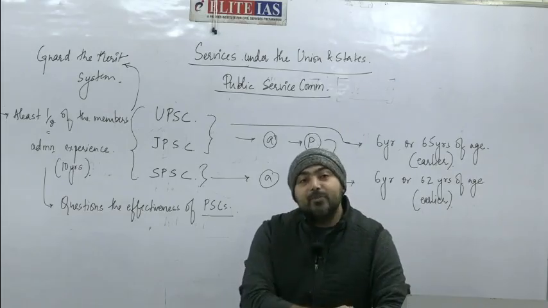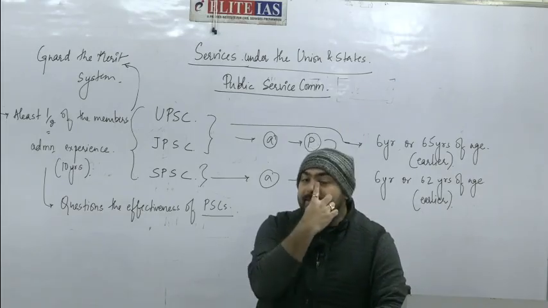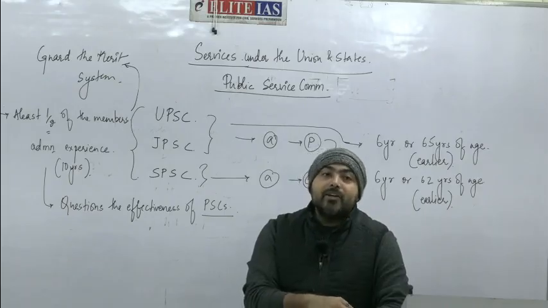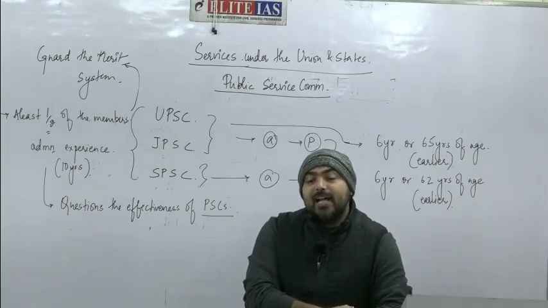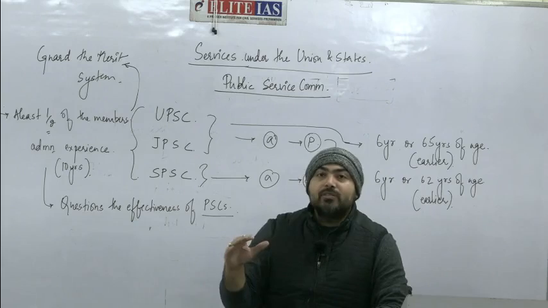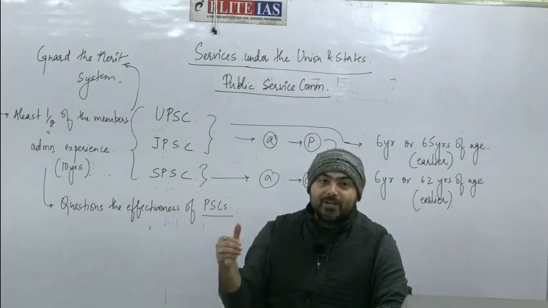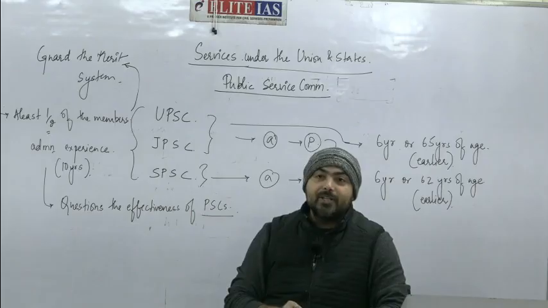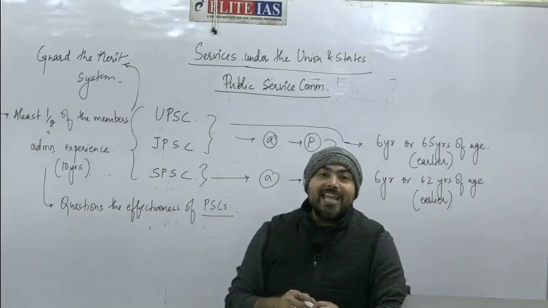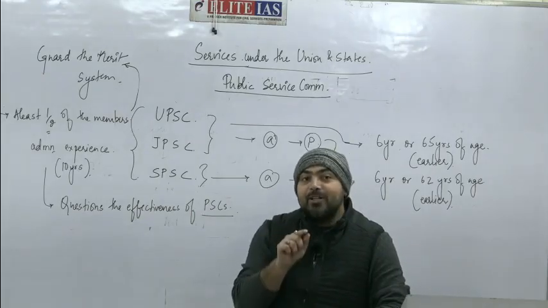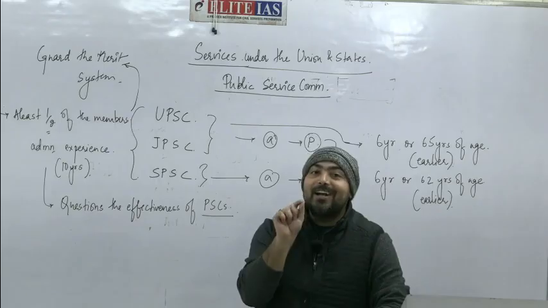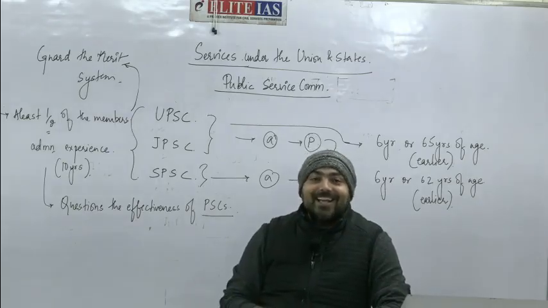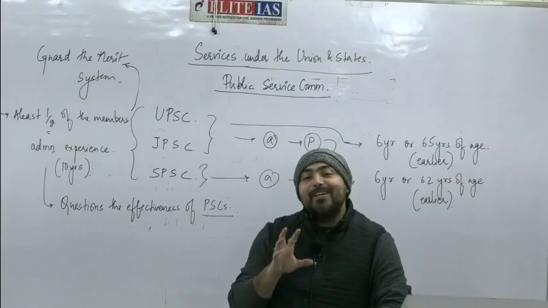In the state of UP, in a public service commission exam that was held, it was alleged that of around 300 odd members selected through this examination, 280 of them belonged specifically to a particular caste.